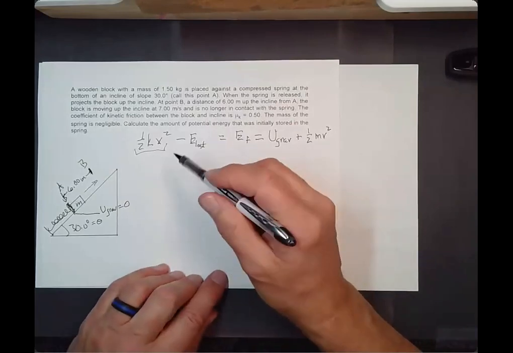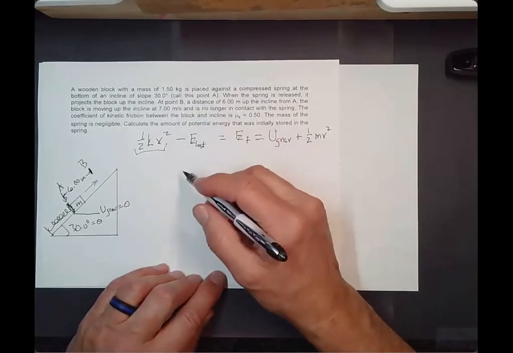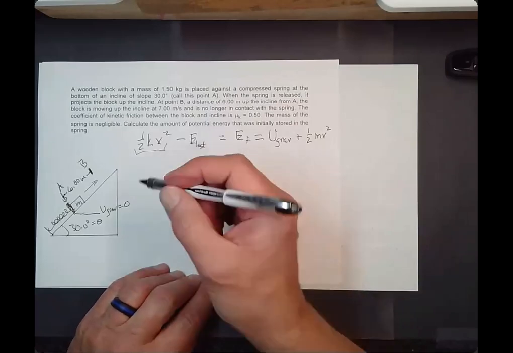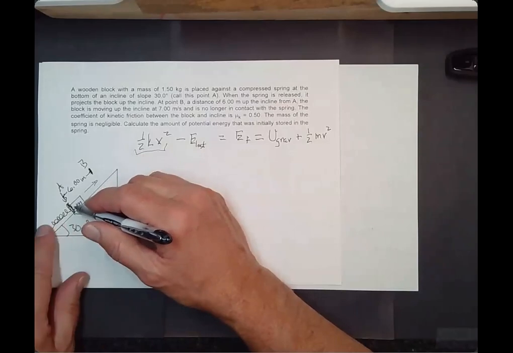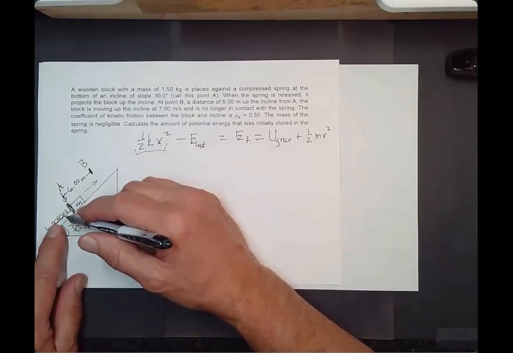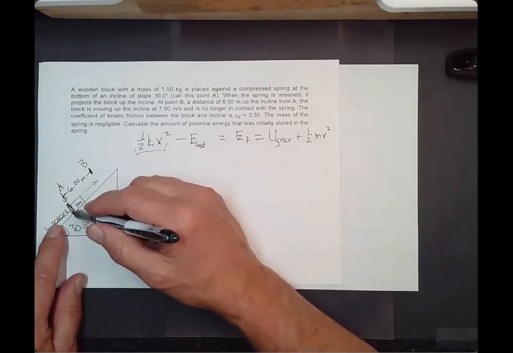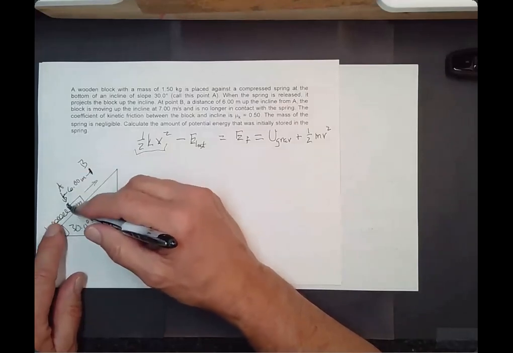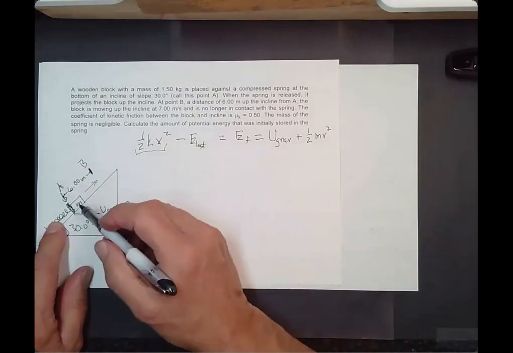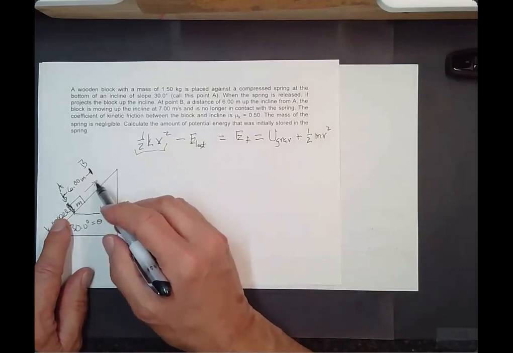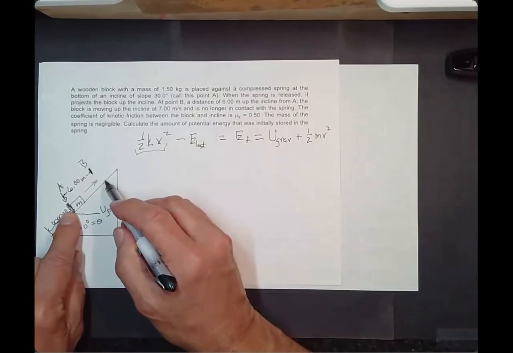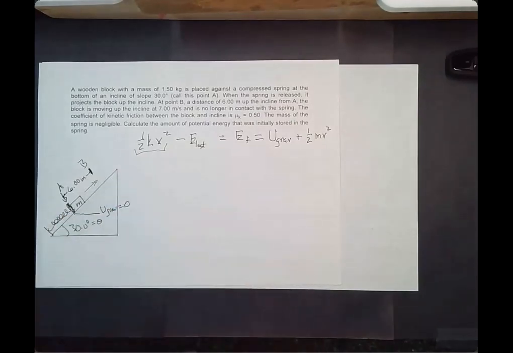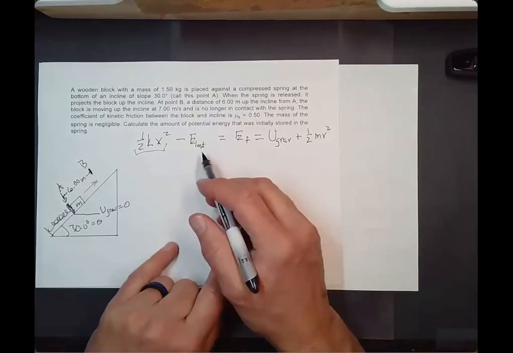There's another one that's similar to this where you've got friction on a plane, you let a block slide down the plane, hit a spring, compress the spring, and you try to figure out how much it compresses the spring. And then later, you try to figure out how far the mass will go back up the plane when the spring pushes back on it. So that one's worse, but this one's not so bad.